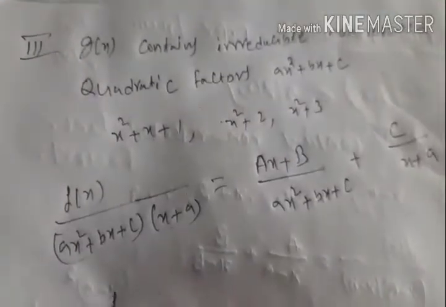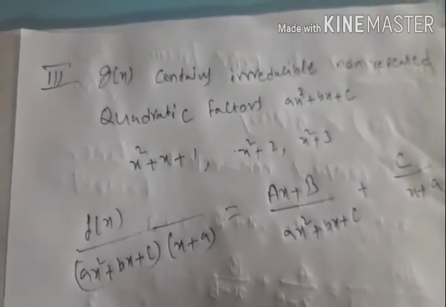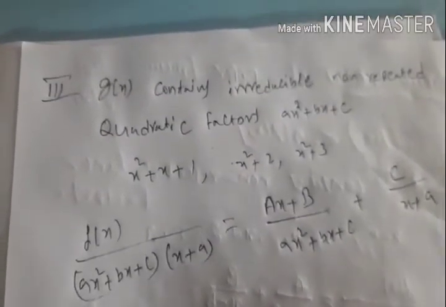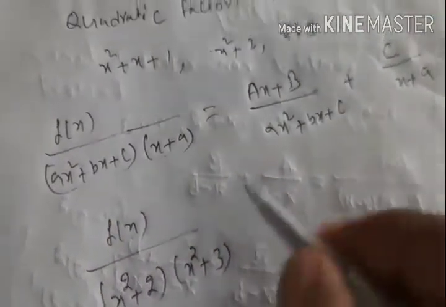For example, take f of x by x square plus 2 and x square plus 3.